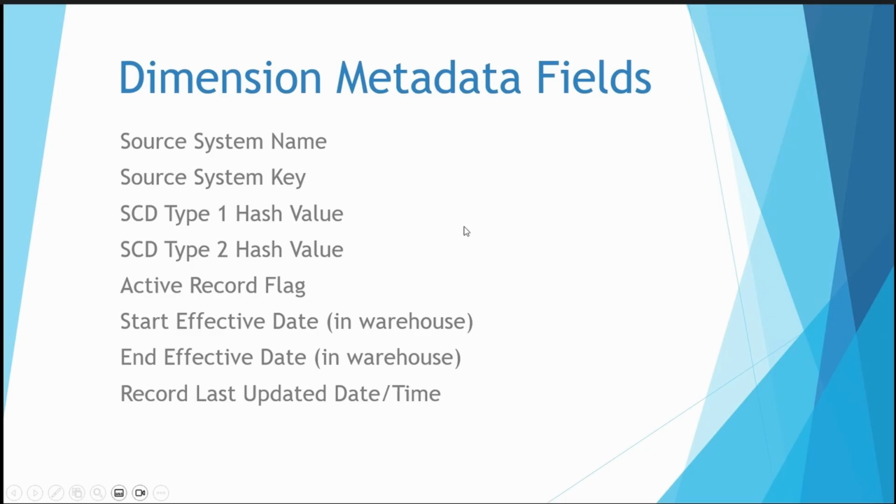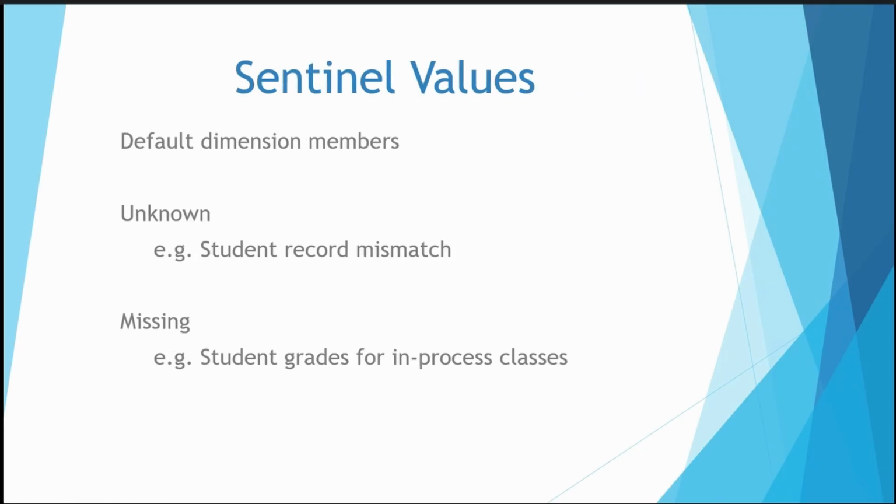The other thing I do is I have what I call sentinel values, and I know there are other terms for these. In my dimensions, I always have values for unknown and for missing, and I use a -1 and a -2 for those. That way, all of the key columns in my fact table are populated, even if I don't know what the dimension value should be, or if it's missing.